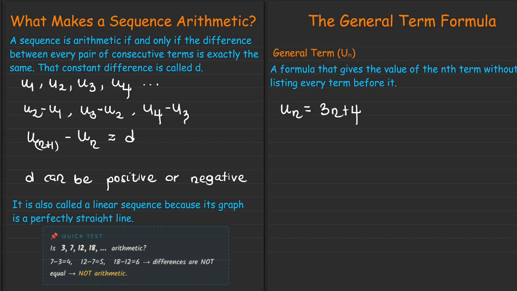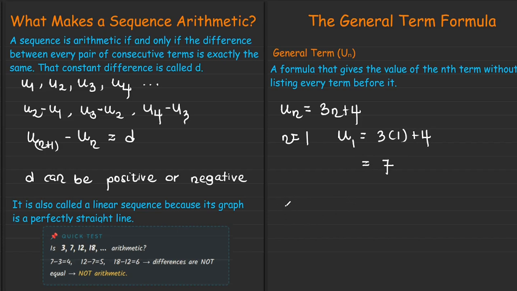Example, if I take this formula that says Un is equal to 3n plus 4, I can list my first term. If n equals 1, then I'll be listing my first term, which becomes 3 into bracket 1 plus 4. And this gives me a 7.